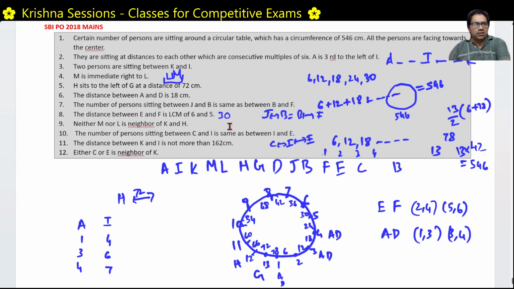As per condition number 2, A sits third to the left of I, right? If A is 3, then 4, 5, 6, yes, or 1, then 2, 3, 4, then 4, 5, 6, or if A sits at 4, then 5, 6, 7, right?